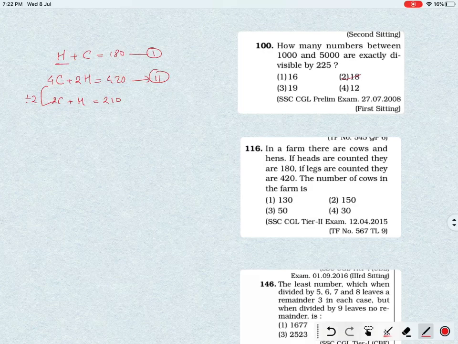So then c plus h is 180. So you can write c plus 180 is equal to 210. So c becomes 30. Number of cows is 30.